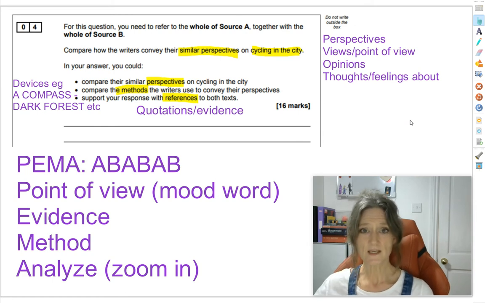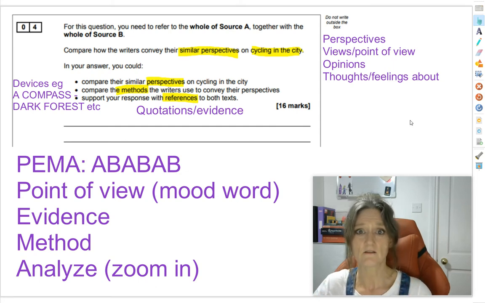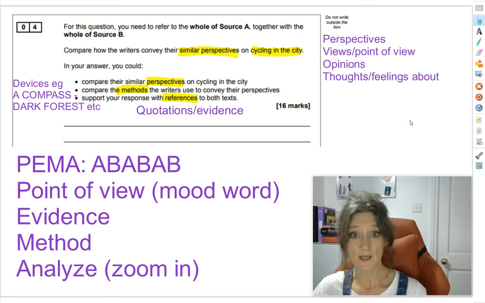Because it is quite tricky, that makes it quite tricky for me to just say, right, you must do it like this. But in a way, I am going to try to do that. So you've got a little bit of structure. And between now and your real exam in June, hopefully you'll get lots more practice doing this kind of analysis.